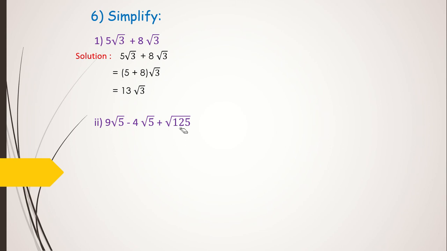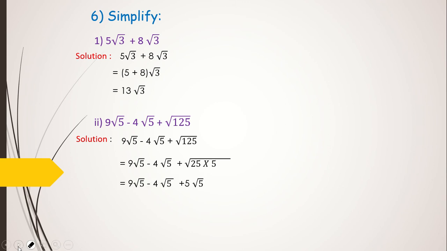So 125 we can write as 25 into 5. One number is a perfect square. You have to factorize in such a way that one number is a perfect square. Now this 25 is a perfect square. Root of 25 is 5. It will come outside the radical sign.